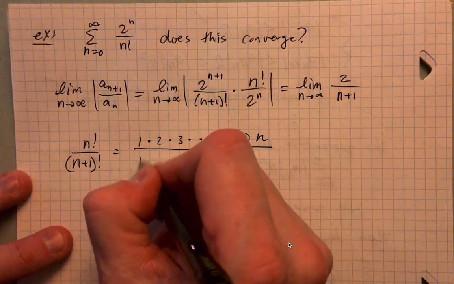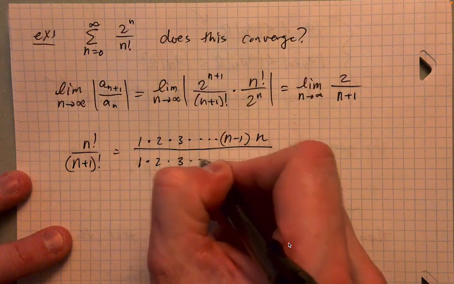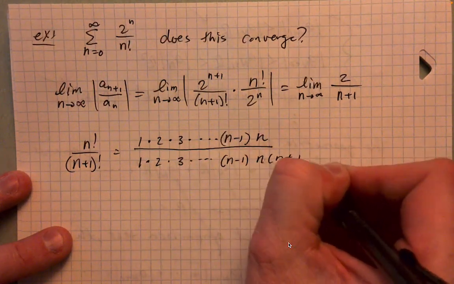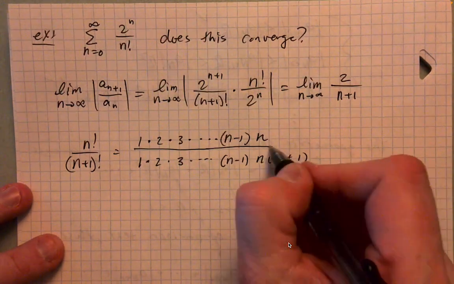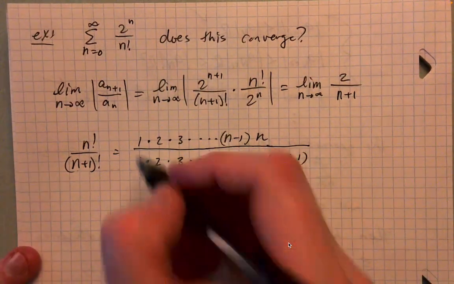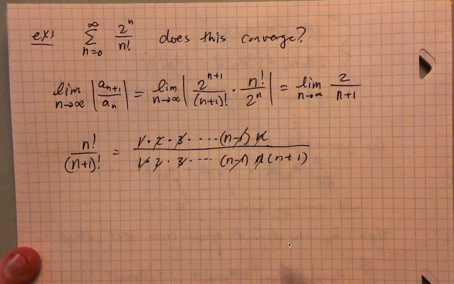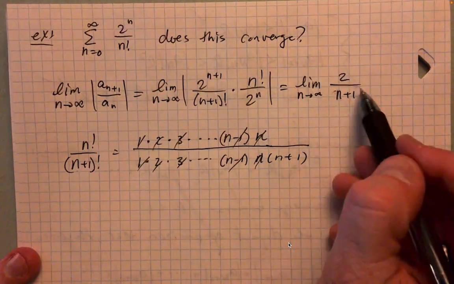And then on the bottom I've got the same thing, except I've got one more, don't I? This one goes up to n plus 1. And so everything cancels except the n plus 1. So that's why you have that left over there.